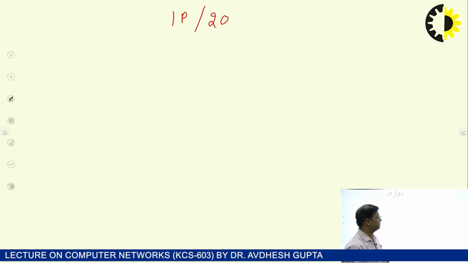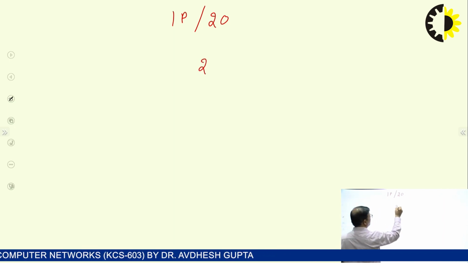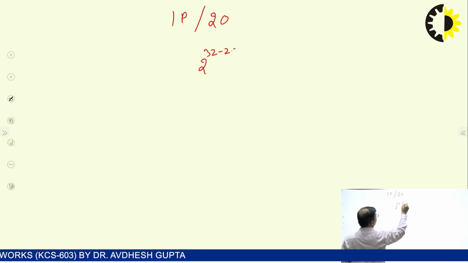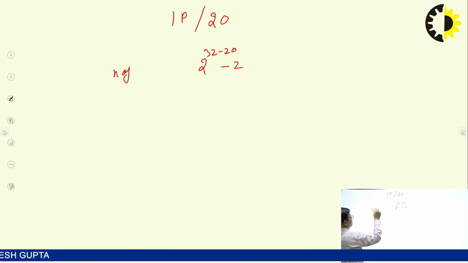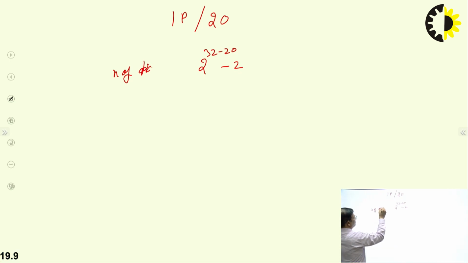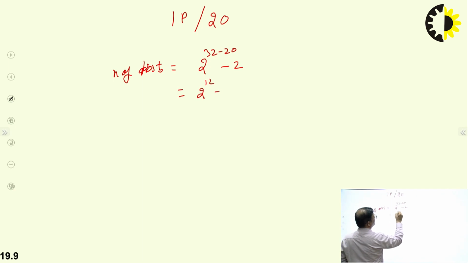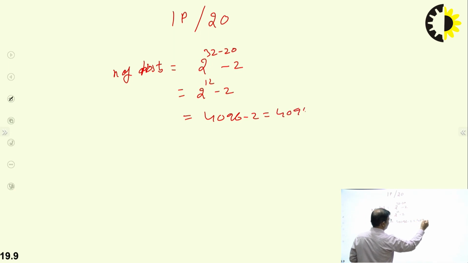How many hosts? Simply, 2 to the power 32 minus 20, minus 2. This is the number of hosts, which is 2 to the power 12 minus 2. So it means 4096 minus 2, it means 4094.